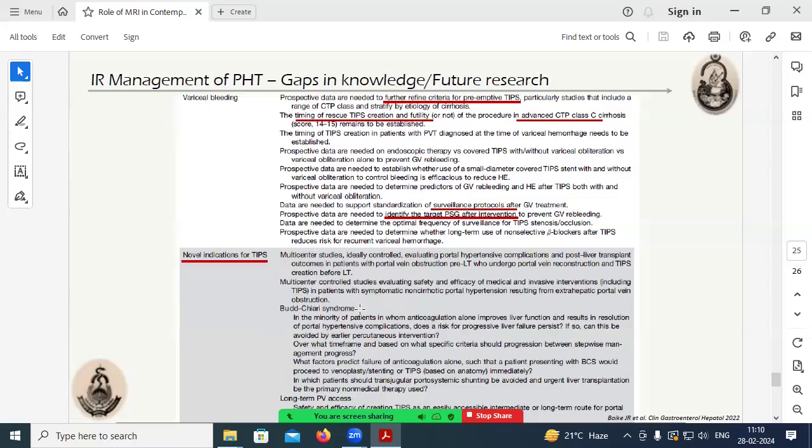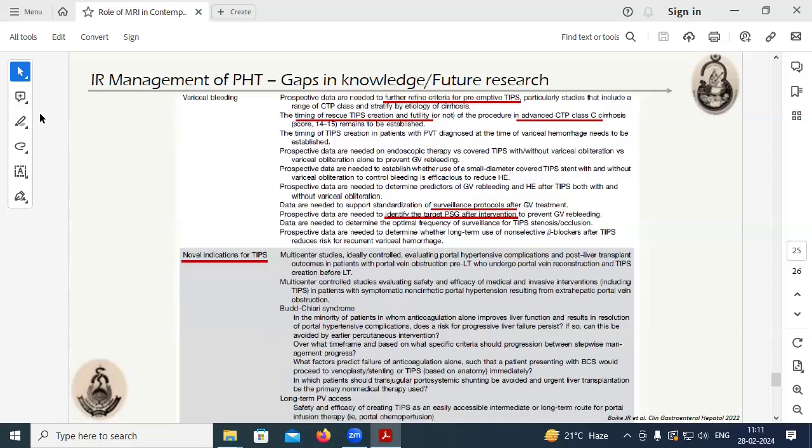For our country and especially for this institution, TIPS in Budd-Chiari is not a novel indication per se. When we were residents, we saw sir performing TIPS even in pediatric cases of Budd-Chiari syndrome. But there are only small case series and a few case reports. No large prospective data is there to guide our decision making in such scenarios.